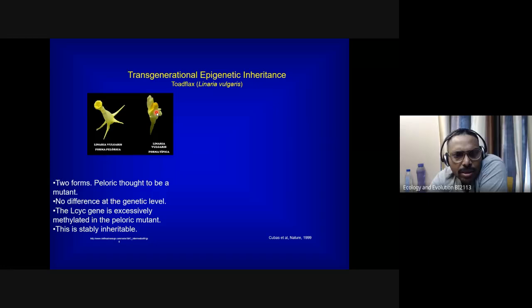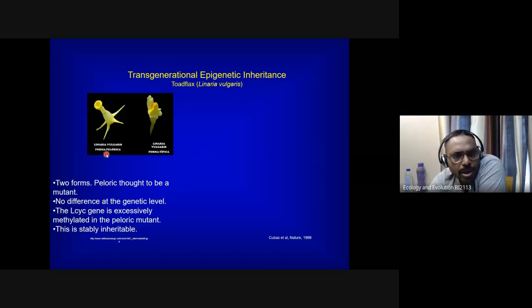Now, this is the typical form, the more common form, and this is the form which was rarely found. And this form was thought to be a mutant. However, when sequencing became more popular, they actually figured out that for both these plants, there is no difference at the level of the genes.